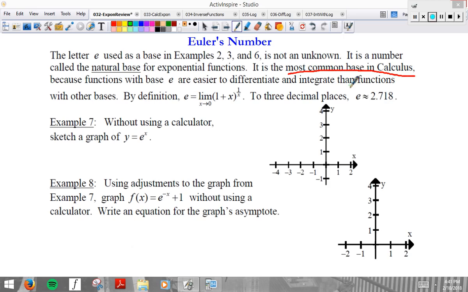To 3 decimal places, 2.718. That's helpful for a few things, namely sketching a graph. Well, this is exponential. So we know when we have 0, e to the 0 power is 1, because anything to the 0 power is 1. e to the 1 is something like 2.7, so it's way up here.